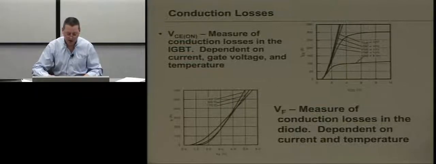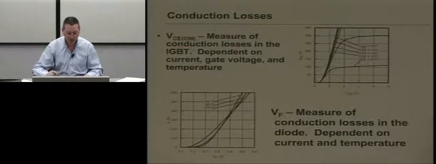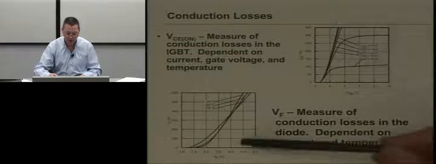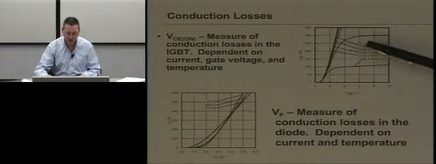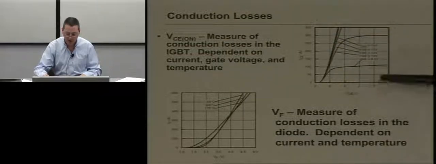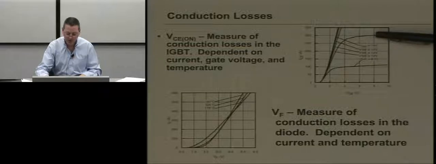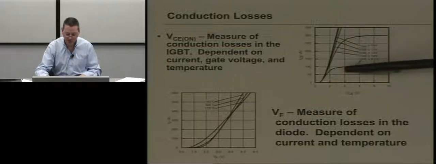So on the data sheets, this is how we show conduction loss. Two different graphs here. One shows the IGBT itself at different gate emitter voltages. So this is a classic saturation curve. These aren't typically designed to be operated in the linear region. They don't necessarily behave in a stable manner.